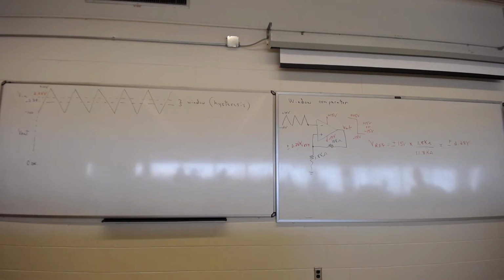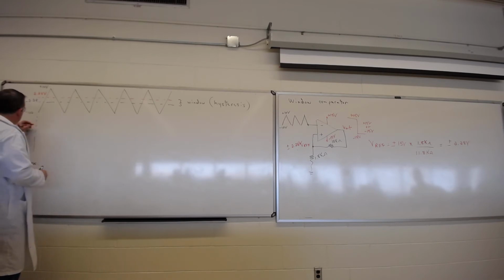So we're going to start off at 0 seconds. Here we go. We've got a very low voltage over here. Chances are, if that input is really low, we'll have plus 15 at the output.